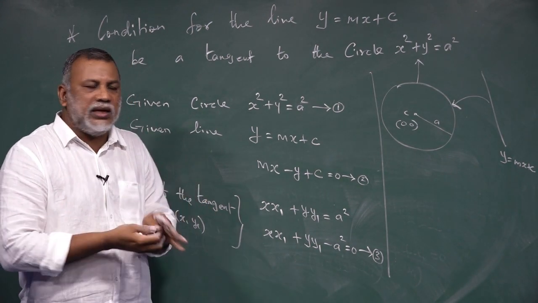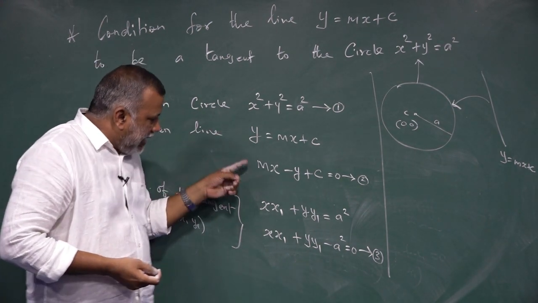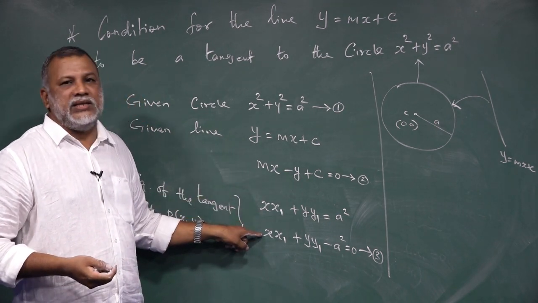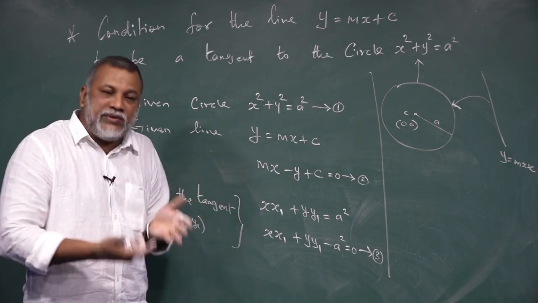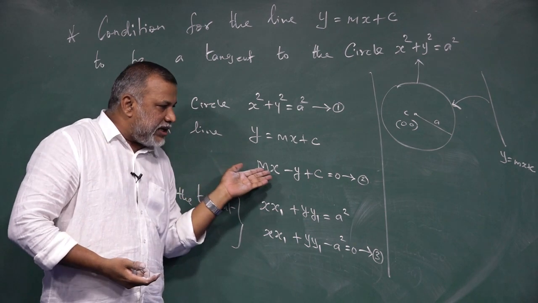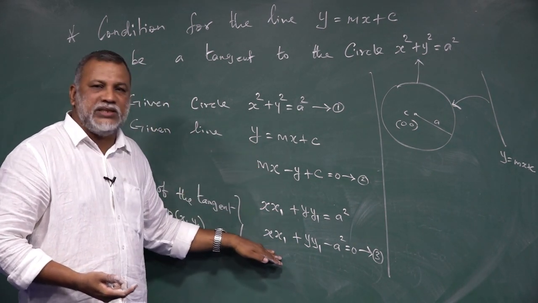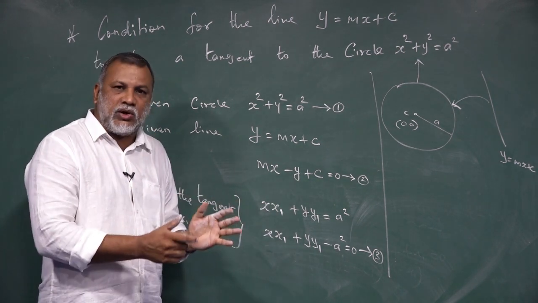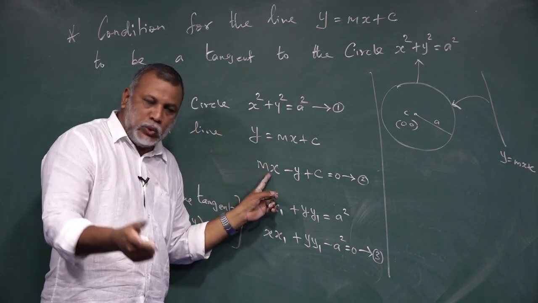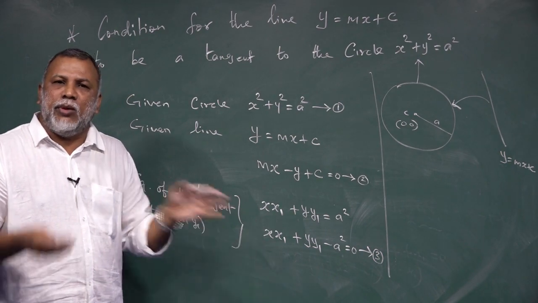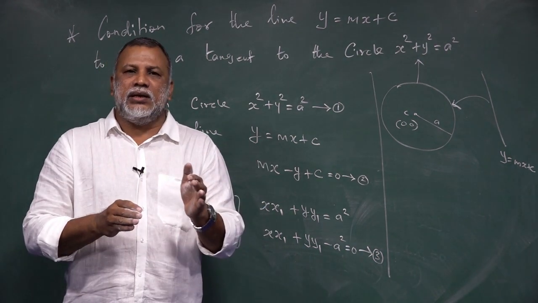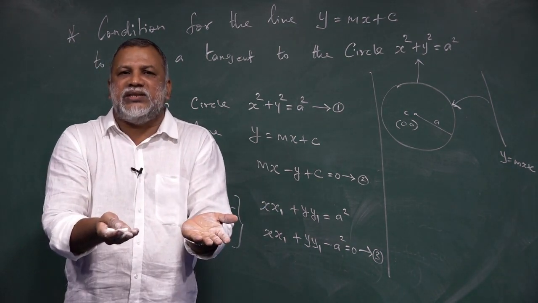Now what is the required condition? This line is to be a tangent, so we are going to derive that condition. Equation number 2 and equation number 3 both represent the same line. Equation 2 is the given line, and equation 3 is the tangent.